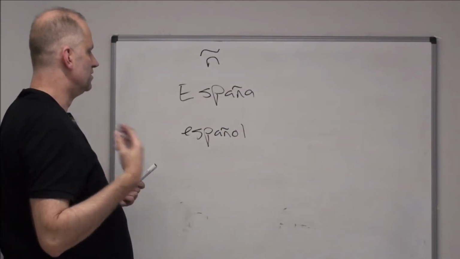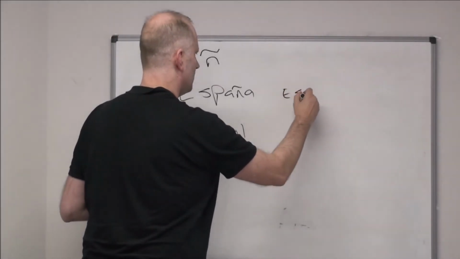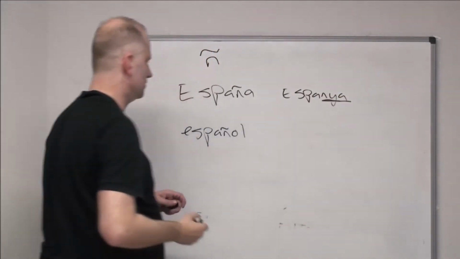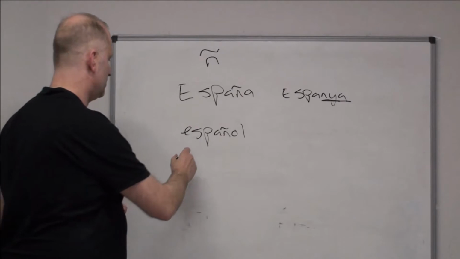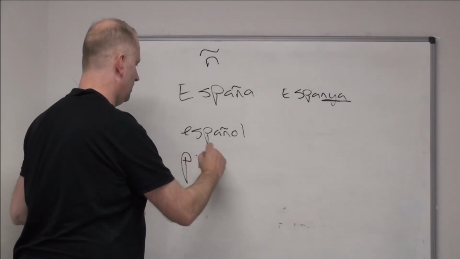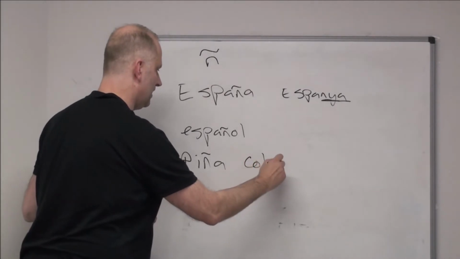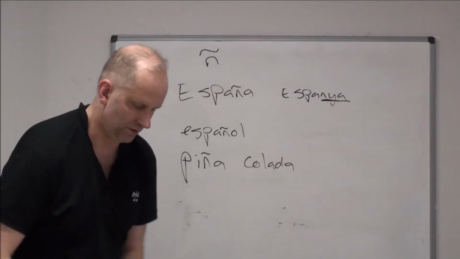It's just a near sound. If you wrote it phonetically, it would be like España. Think of the fruit, piña. Piña means pineapple, so piña colada, not pina colada. Okay.